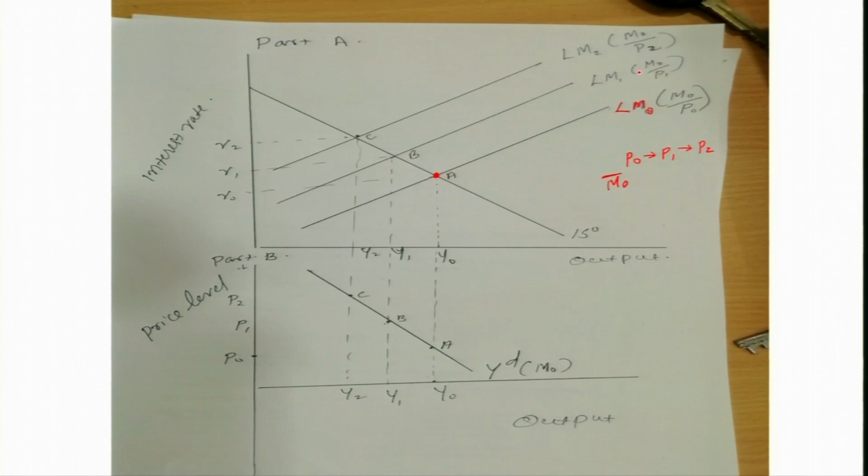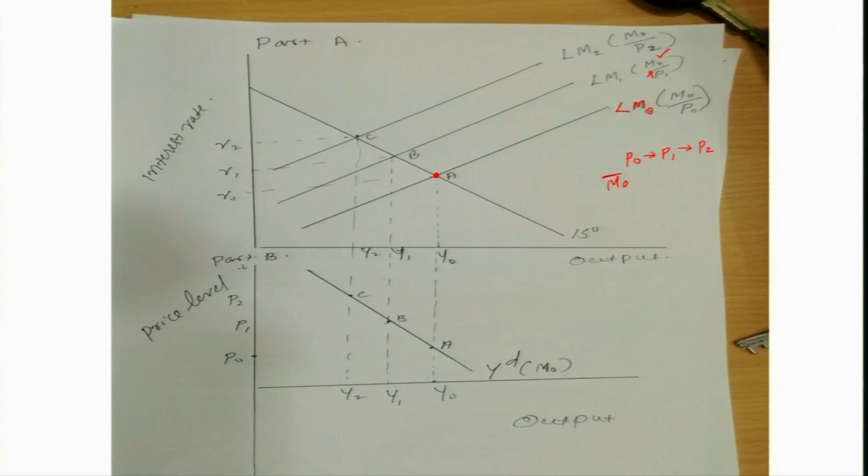For the time being, for this slide, assume that we are deliberately, arbitrarily increasing the price level. When the price level is increased to P1, with the same fixed money supply, that means real money supply declines, right. There is a fall in the real money supply.